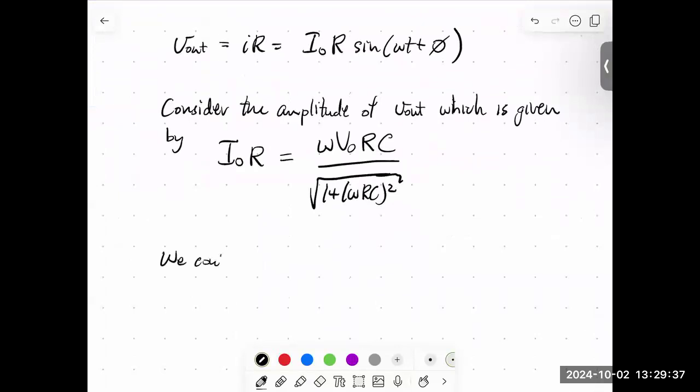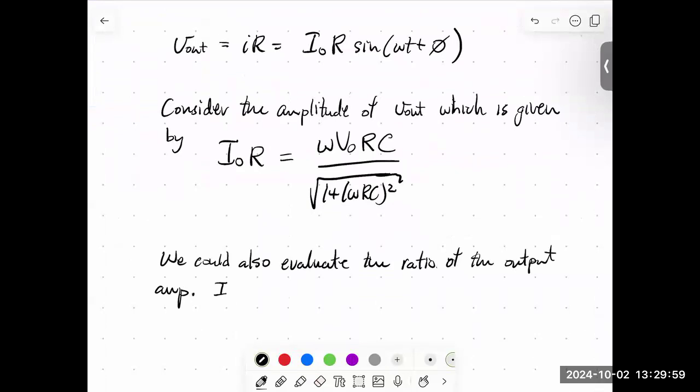We could also evaluate the ratio of the output amplitude, which is I naught R, divided by the input amplitude, which would be V naught.